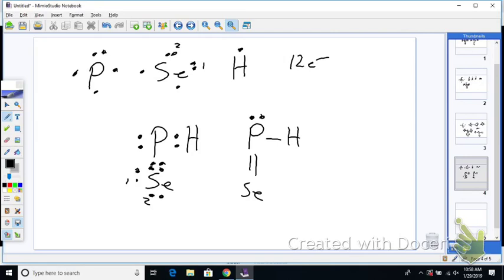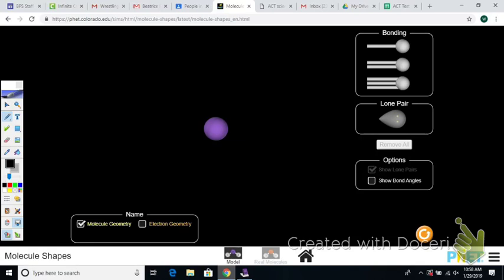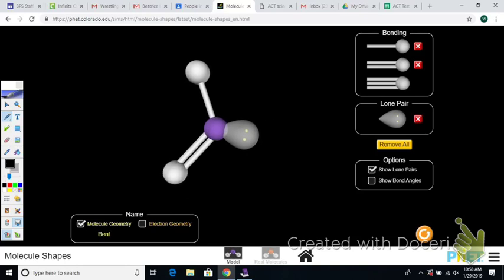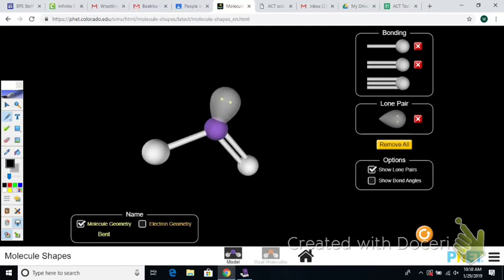So then, you guys go ahead and do the shape of that. Go ahead and put that together if you haven't done that already. So put together your shape. So you have a single bond, a double bond, and a lone pair. Your shape is bent.